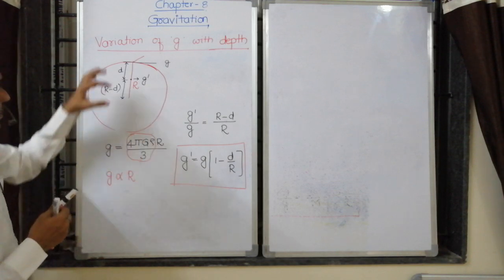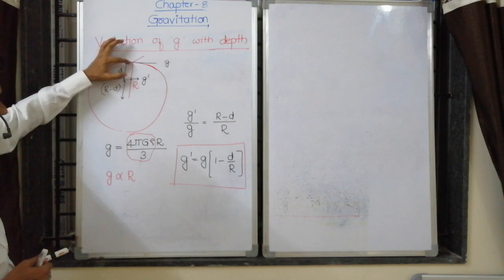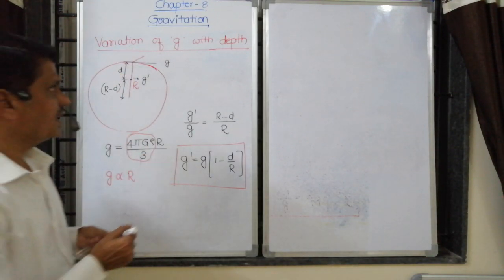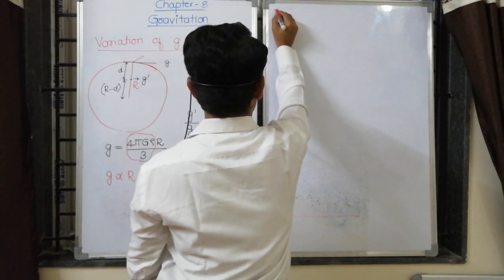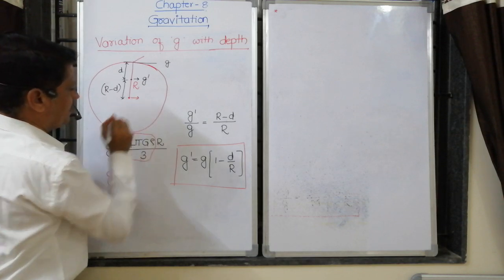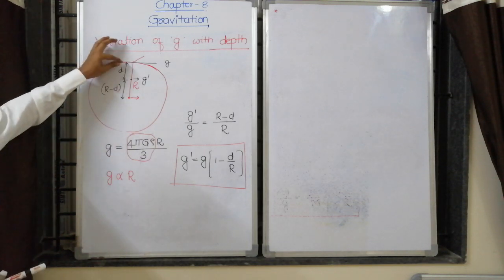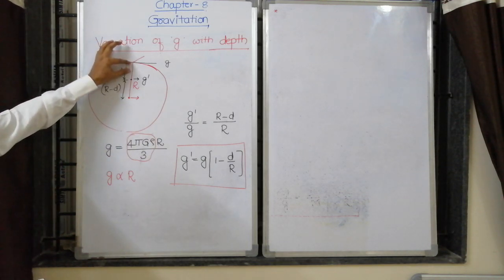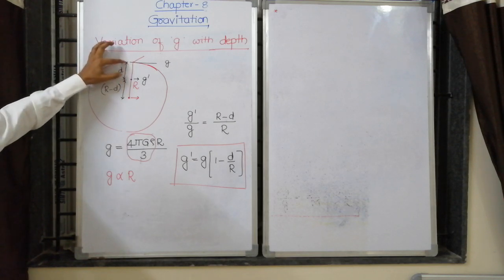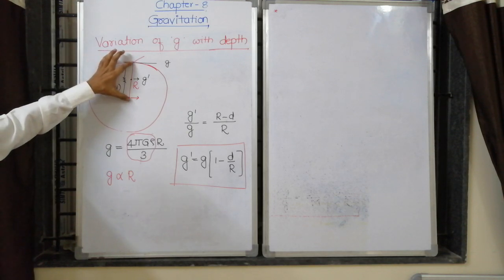d is nothing but, you can consider it as the distance of the given point from the surface, right? Now, common question, that is, what is the value of g at the center of the planet or earth? Center means, see, if I go on move, d goes on changing. At the center, then what will be the value of d? It is equal to r.